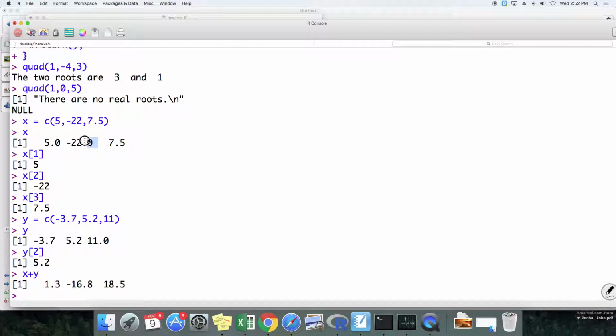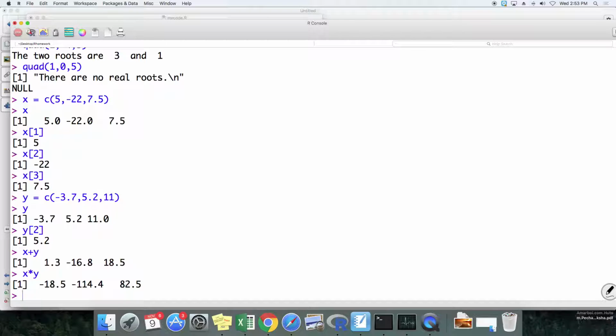Similarly, here the first element is minus 22, here it's 5.2. If you add them, you will get minus 16.8. This is obvious. x times y is also element by element multiplication. That means minus 18.5 is the result of multiplying 5 and minus 3.7. That's it.